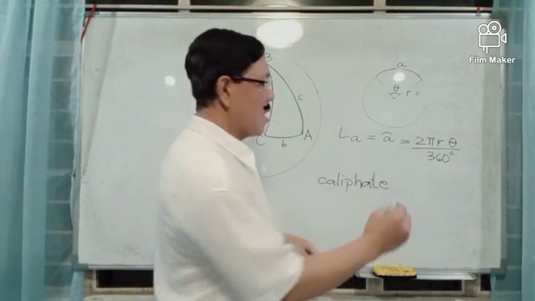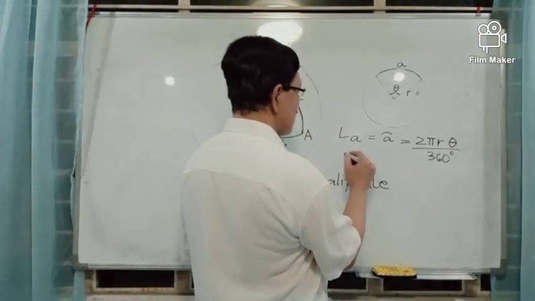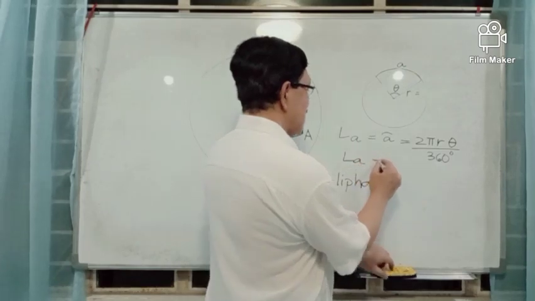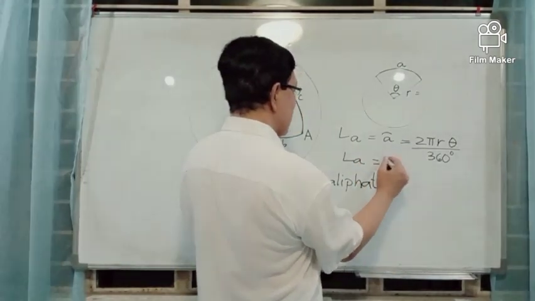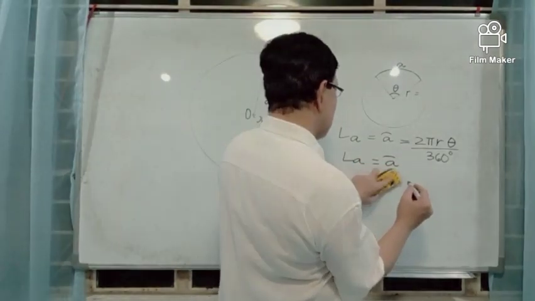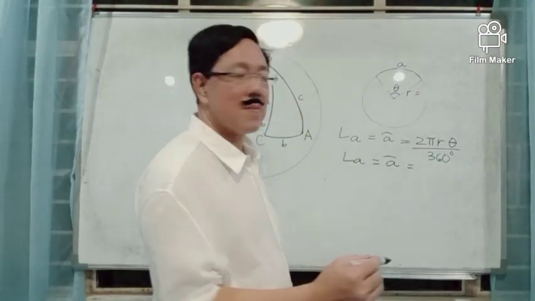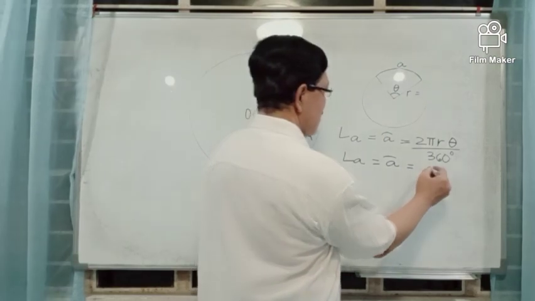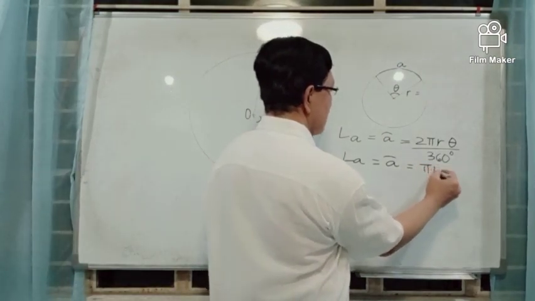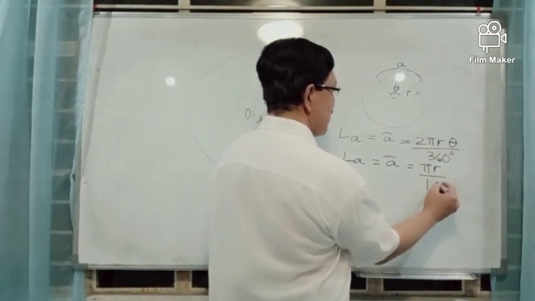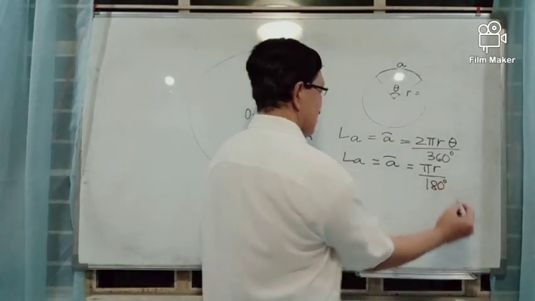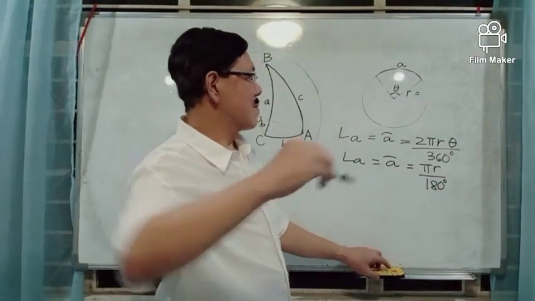This arc length can also be found by use of this formula: the radius of the circle multiplied by pi and divided by 180 degrees.